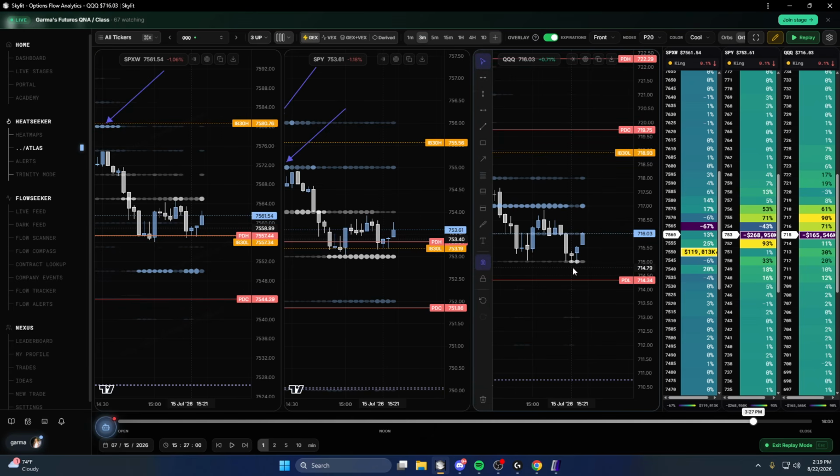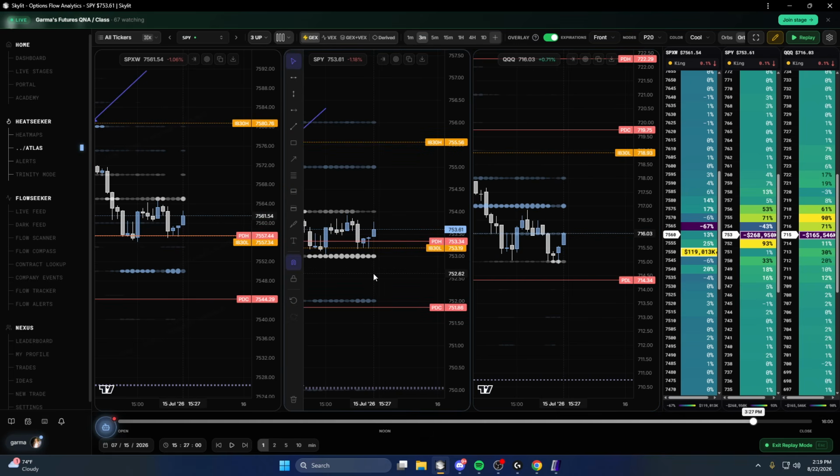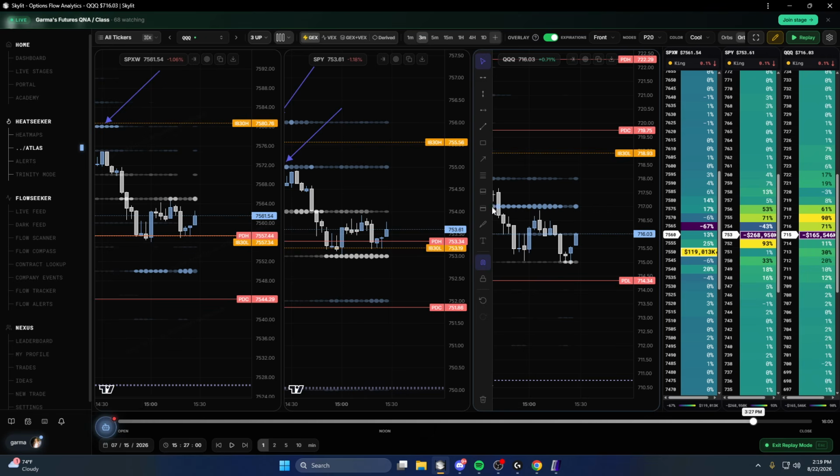Yeah, I think I would be all out of shorts probably at the 715 on QQQ. I think we get a bounce here, because it's already played out twice in my eyes. So it's weaker. It still exists, but to me it's weaker, right? Because no delivery, it happened on this pushdown, and then right here again.